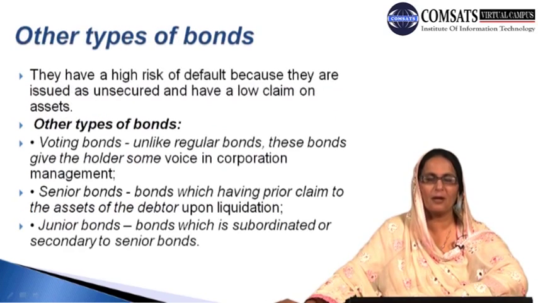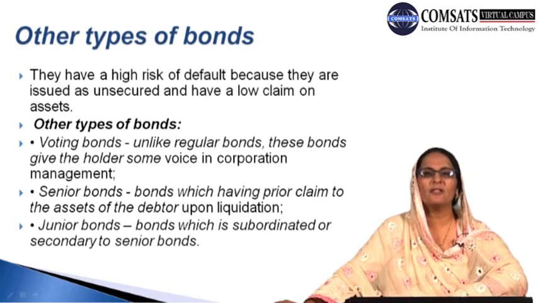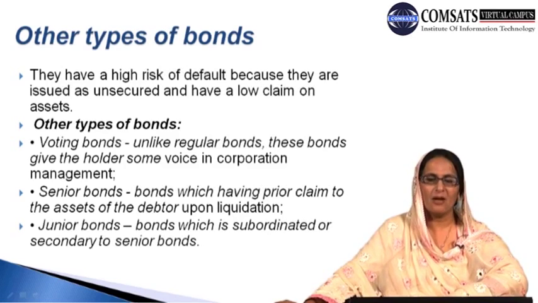They are issued by municipal corporations and other corporations, but they are risky because they are unsecured. There is no security, there is no collateral for these bonds, and they have a very low claim on assets, and therefore we can say there is a high risk of default, and the investors may be reluctant to purchase these bonds and to make investment in this type of bonds.